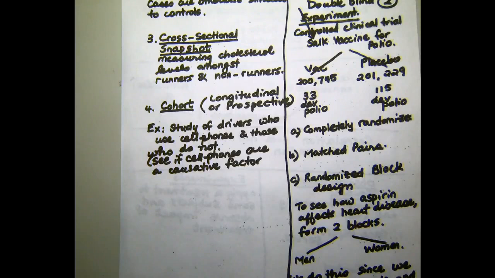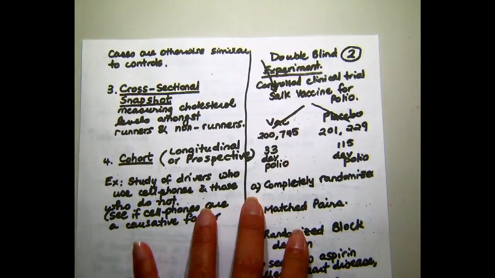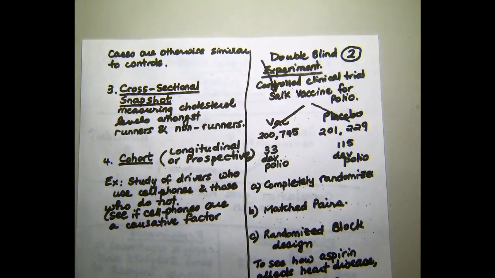But it's an observational study because you're not manipulating anybody or giving one a drug and giving the other a placebo. That's not occurring. On the other hand, an experiment is when certain subjects are given the treatment and others are given a placebo, and then you look to see whether there's a difference. For example, the polio vaccine trial.